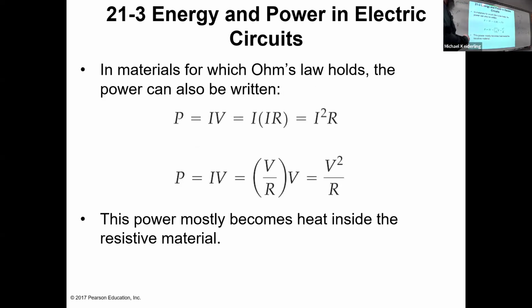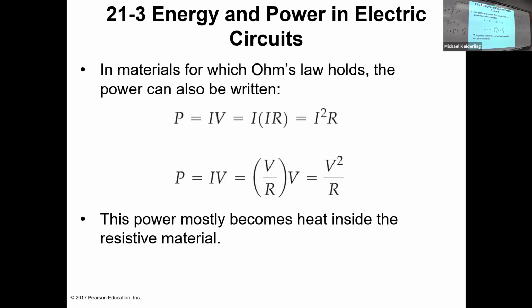And in materials where Ohm's law holds, because Ohm's law doesn't hold for all things, most materials, Ohm's law holds, but not everything, power will equal current squared times resistance, or voltage squared over resistance.